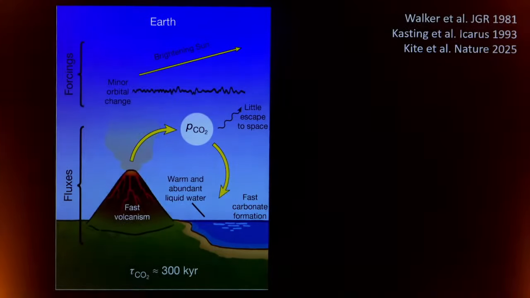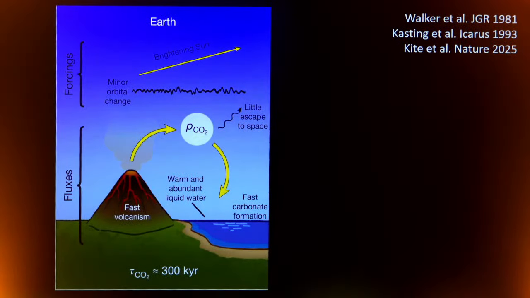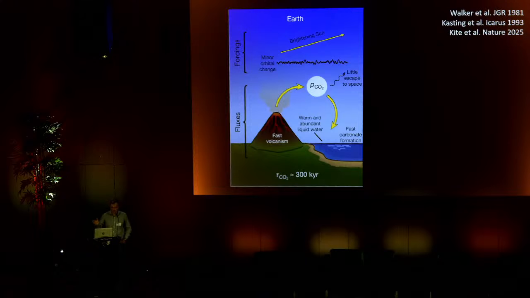Okay. So this is a picture of the habitability of our own planet. This remains a hypothesis, but we don't have a better guess. What we observe is that our planet has been habitable continuously for 3.5 billion years. And the hypothesis is that this is a balance between carbon dioxide outgassing from volcanoes and metamorphism and carbon dioxide consumption mostly by carbonate formation, with a residence time of carbon dioxide in the atmosphere plus ocean system of a few 100,000 years.